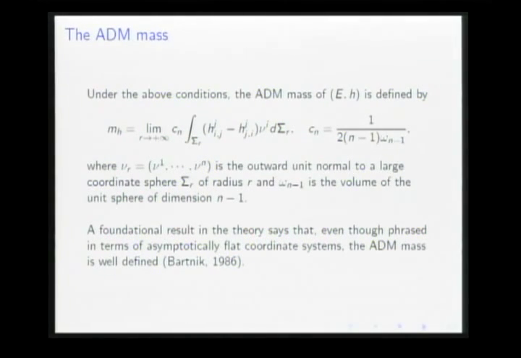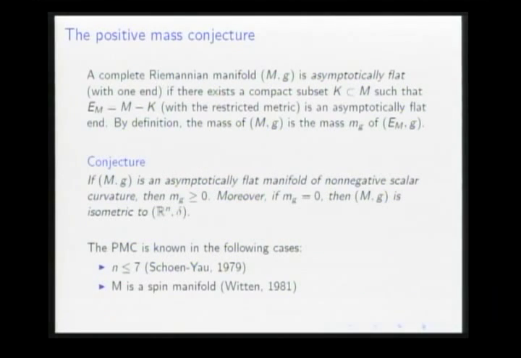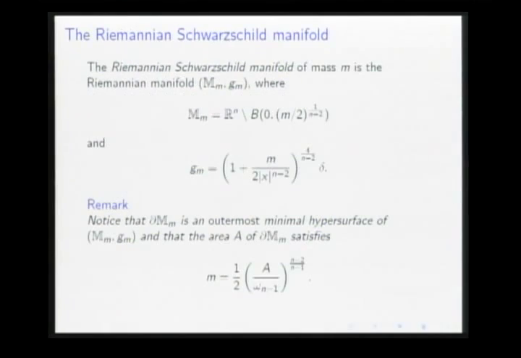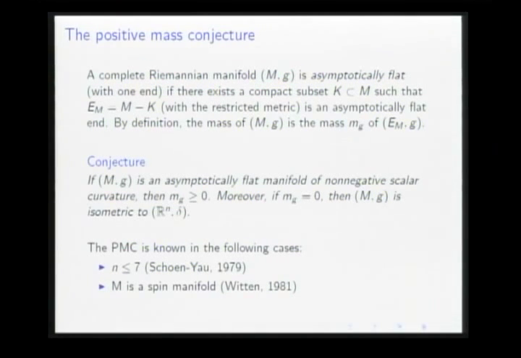So this is the ADM mass, and what is the main conjecture regarding it? Here's the conjecture: if you have nonnegative scalar curvature, then the mass is greater than or equal to 0. And if you have 0 mass, then it has to be Euclidean space.